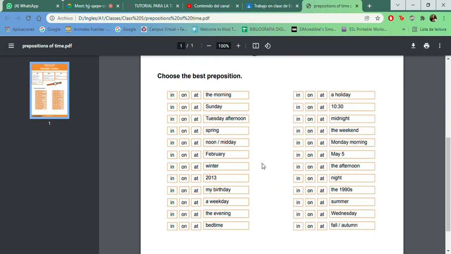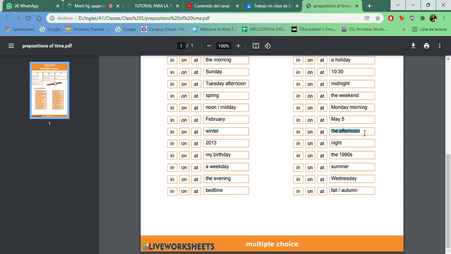Then we have the afternoon. In this case it's in the afternoon, very good. In this case, remember we have in the evening or at night. At night, very good. Decades, then the 90s. So this is the 90s.